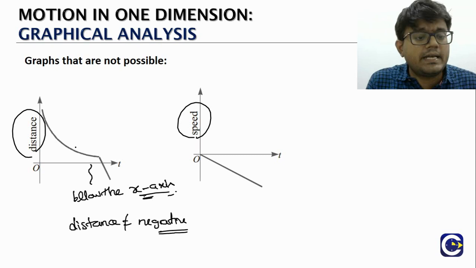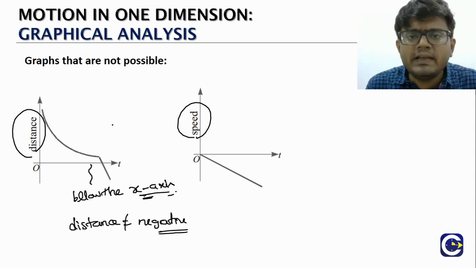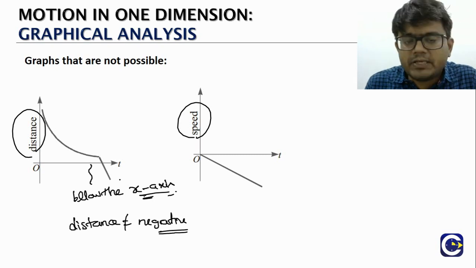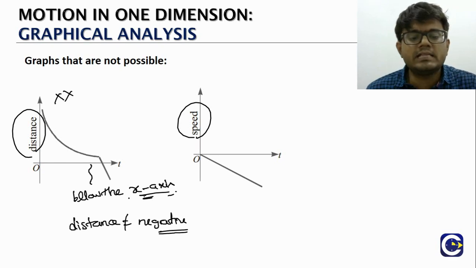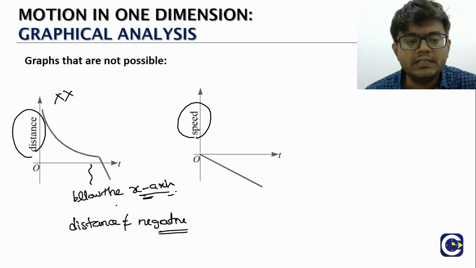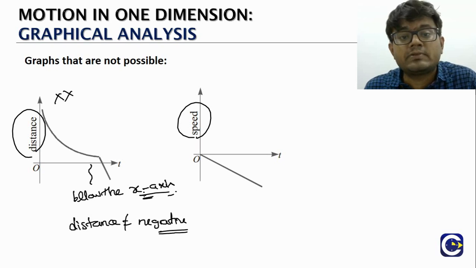And moreover, look at it, the distance cannot decrease. As the motion is happening, distance has to always increase only, right? It is going to cover more and more path. So with respect to time, distance cannot be decreasing. So why we are saying this is not possible? One is the distance is going below the x-axis. Distance is the length of the path covered. It cannot become negative. That is one point. Second thing is they are showing us that the distance is decreasing with respect to time.